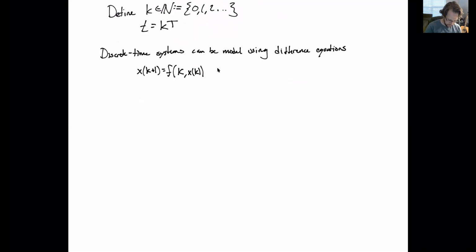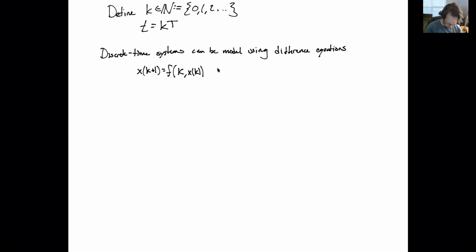Now this would be for the case where x is just a single value, it's not a vector. This is the case where we have an order equal to 1 because you're only looking ahead one step, or you're only looking behind one step.